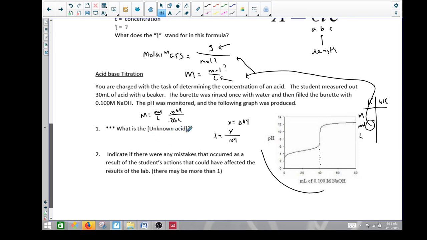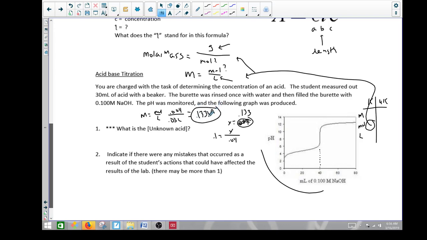Alright, unknown acid is, I'm solving for x. Actually, my brain lapse there. That is the moles. I just did the math there. 0.133 moles per liter. And that's my answer.